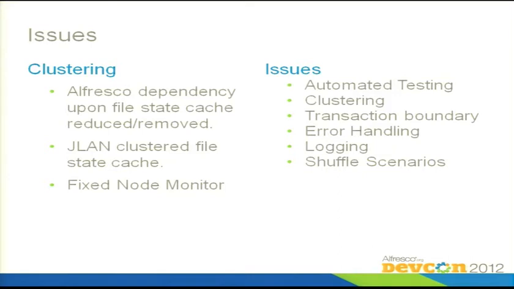And at the point that the dependency upon the file state cache was removed, for example, FTP would work clustered. There may still be a few issues, but at that point FTP would work clustered because it's a fairly simple protocol, and there weren't really any dependencies on things like the CIFS locks.